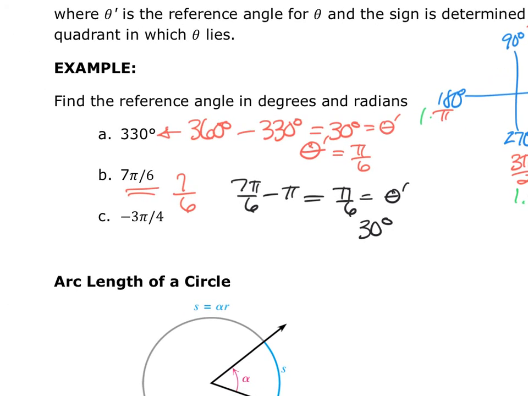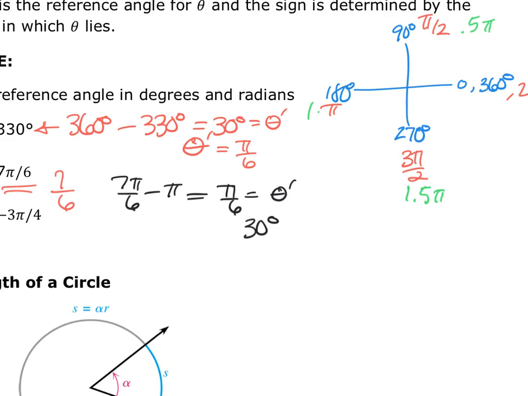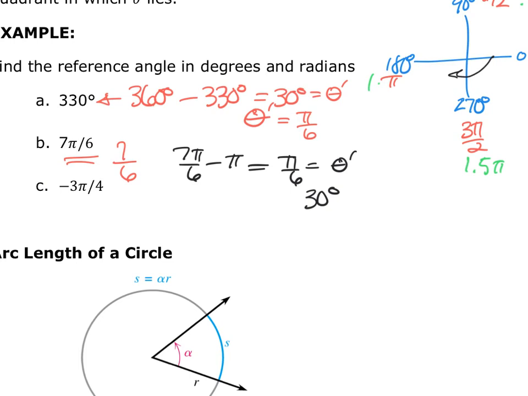The last one is negative 3 pi over 4. So now I'm going to go in the clockwise direction. And with the clockwise direction, I'm going to be going in this direction. And I ask myself, is 3 over 4 bigger than 1? Okay? It's not bigger than 1, and if I'm going in the negative, this would be negative 0.5.